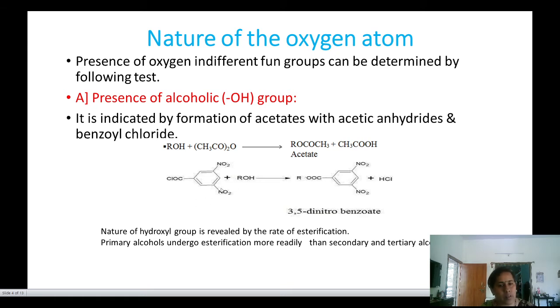When the alcohol reacts with 3,5-dinitrobenzoyl chloride, there is formation of 3,5-dinitrobenzoate with elimination of HCl. Here one care should be taken: the nature of the hydroxy group is revealed by the rate of esterification. Primary alcohols undergo esterification more readily than secondary and tertiary alcohols.